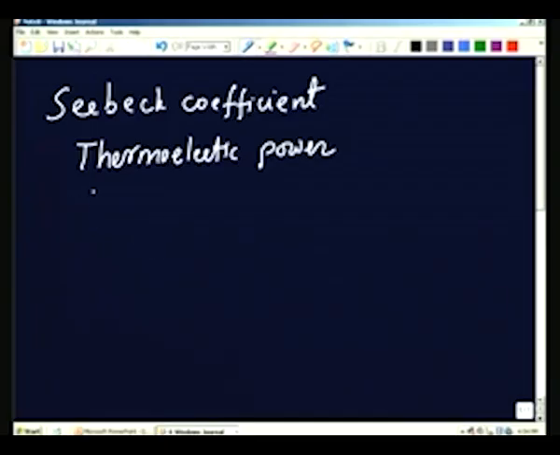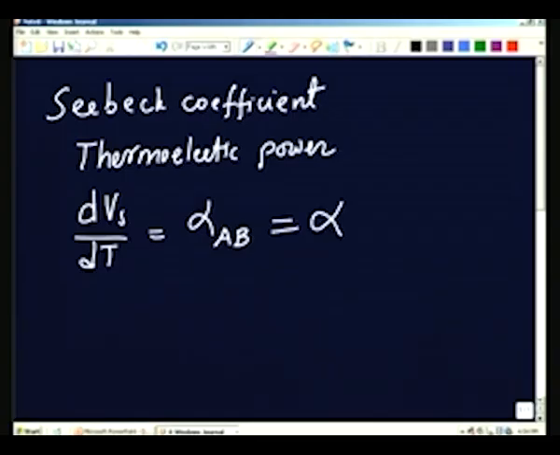So, we will say that dVs by dt is equal to alpha, which is a function of A and B, and in general I will simply write alpha because we know that it is a function of A B. Instead of explicitly mentioning that, I will just simply say alpha. dVs by dt equal to alpha defines the, I think this was equation 6.